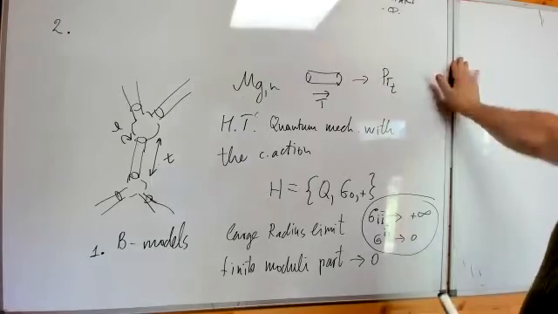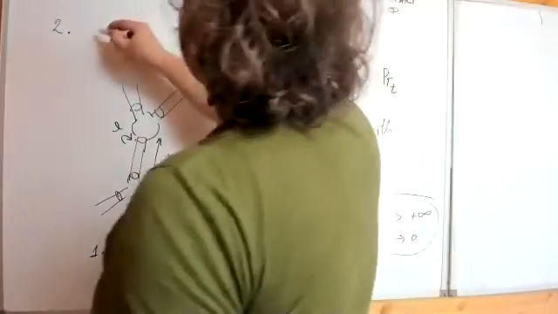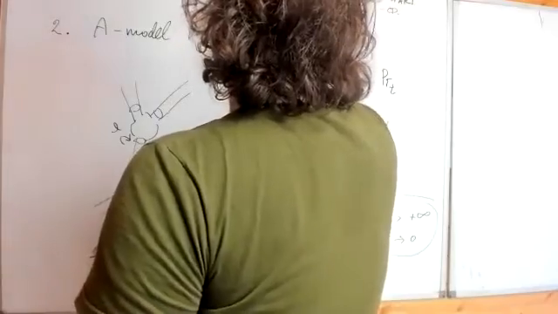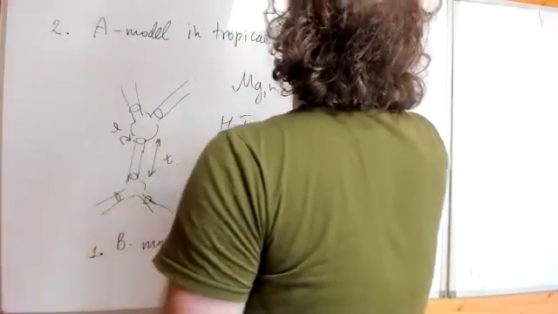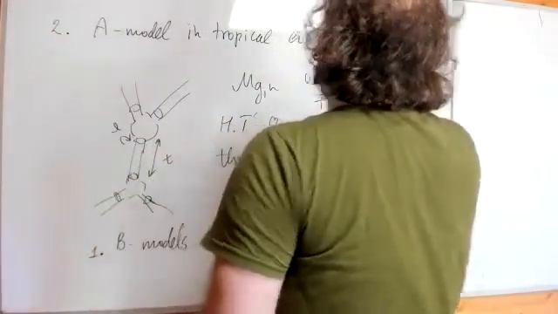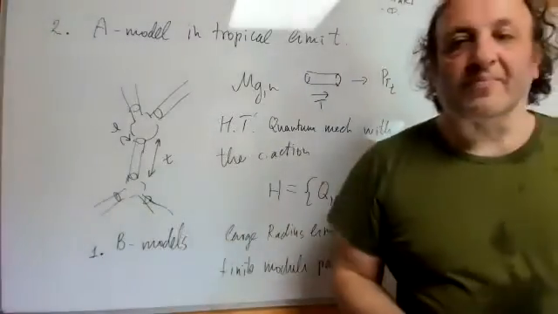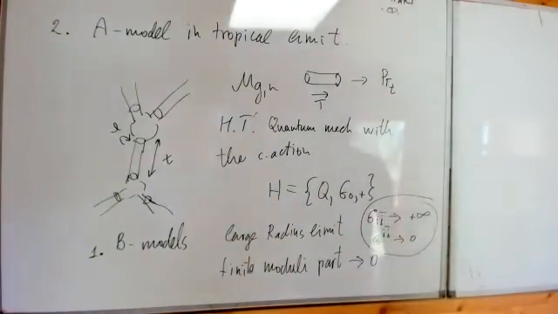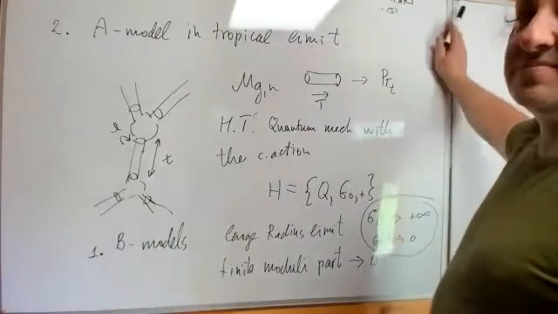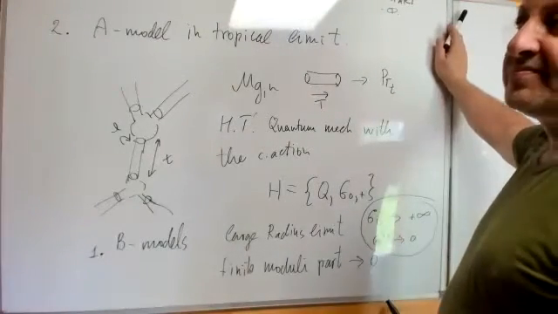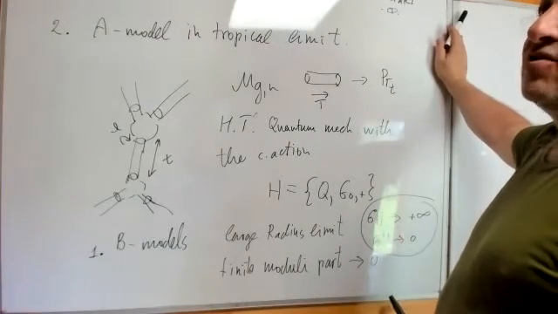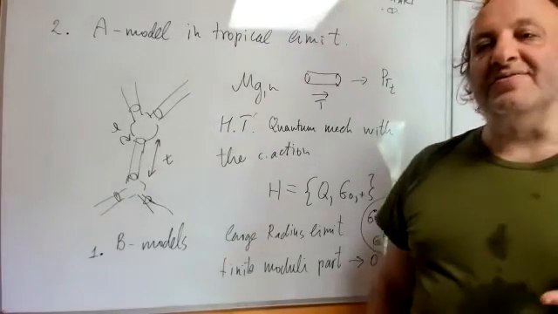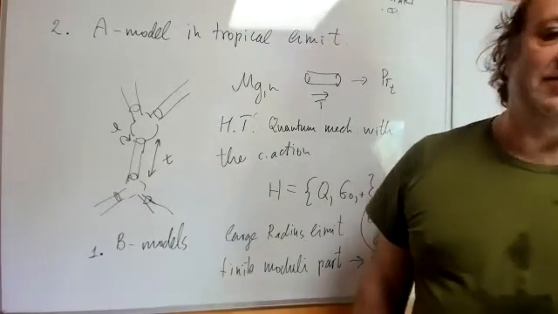So the second example is the A model in the tropical limit. In the tropical limit, as you see, the correlators are coming from the tropical graphs that are coming through cycles.